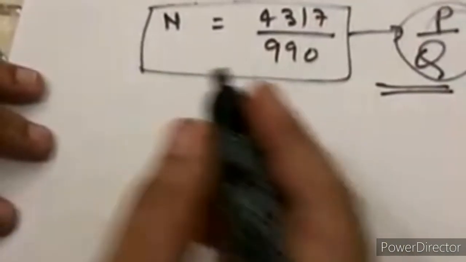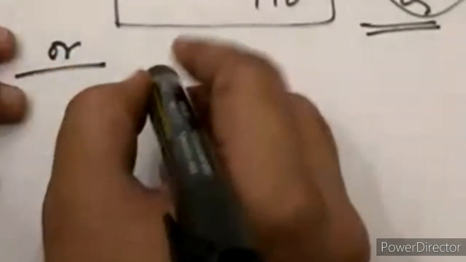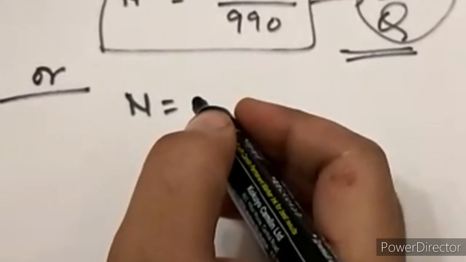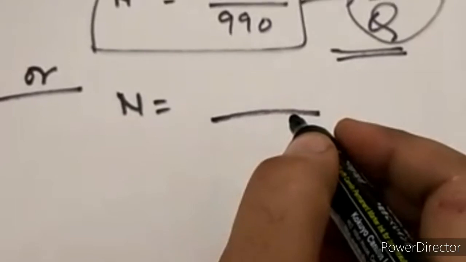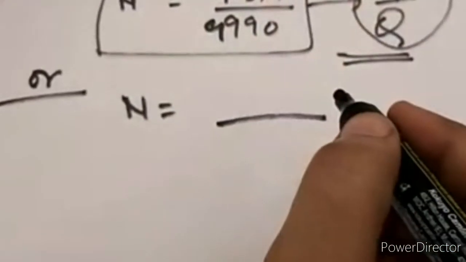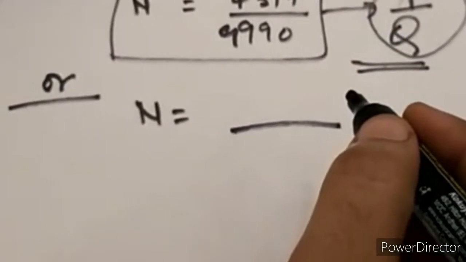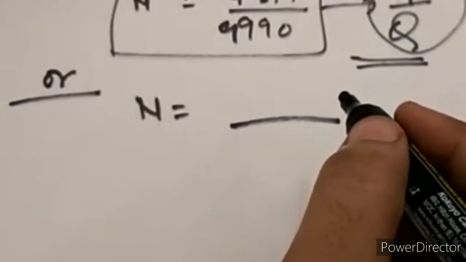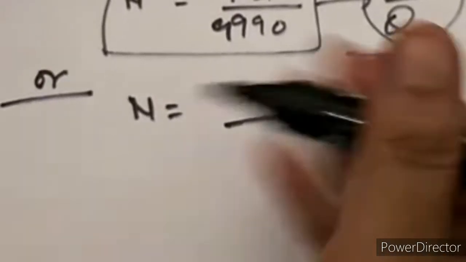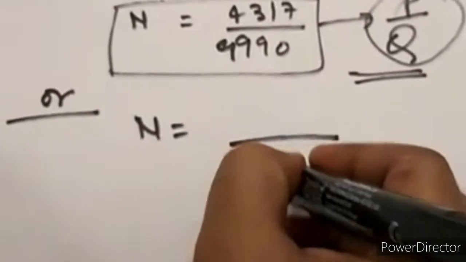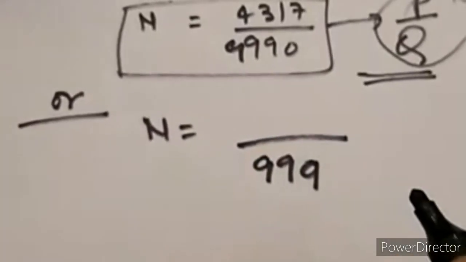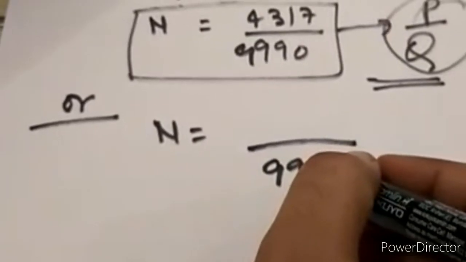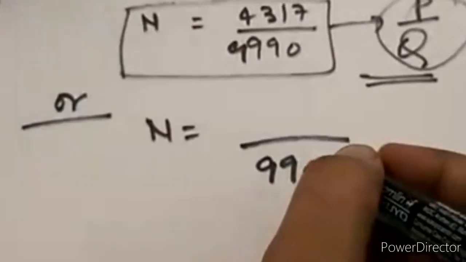What will you do? You will simply write down the number of 9s which are recurring. Since here the numbers are repeating in a group of 3, we will have three 9s, and the number 0 equal to the non-recurring part, which is 4.